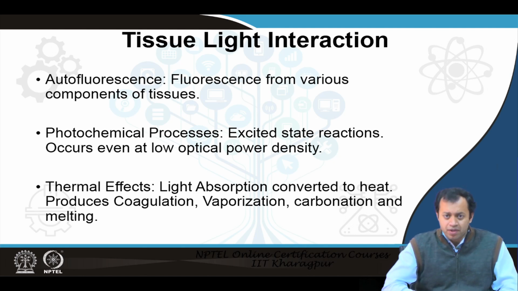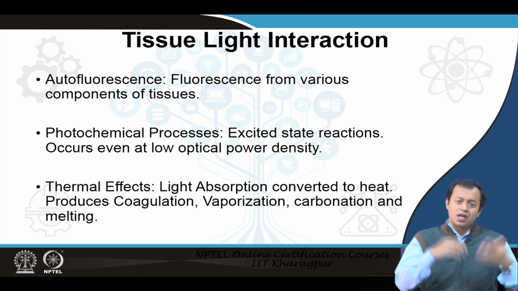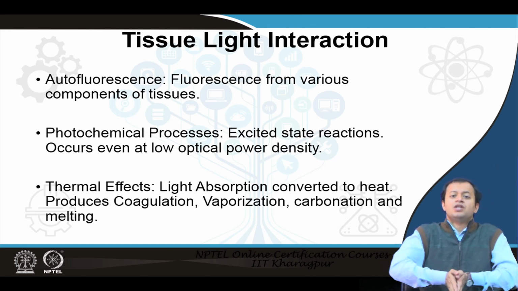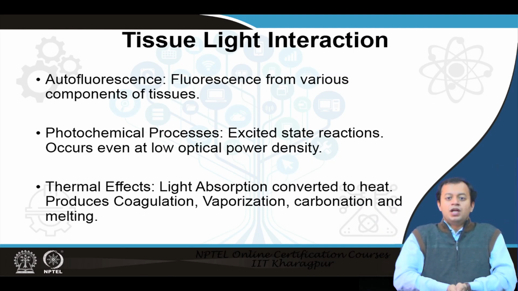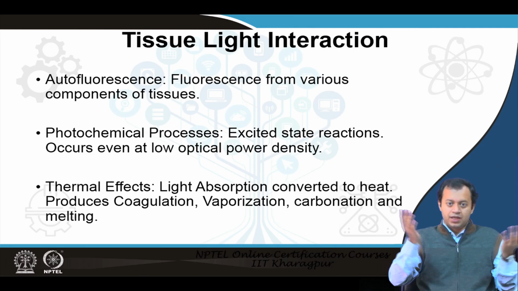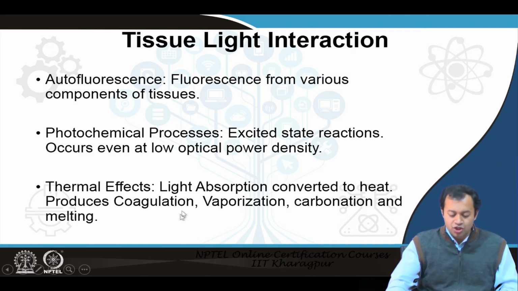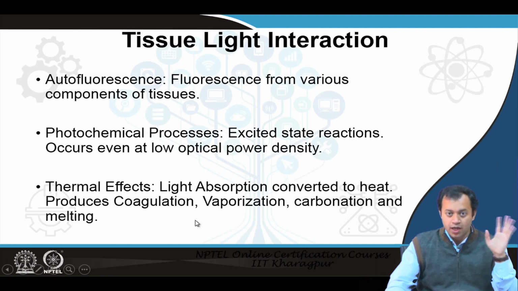Pressure will build up because water is converting into steam, steam is gas, gas will have pressure, and it will rupture the tissue. You will have breakdown and the tissue will undergo some kind of damage. So, vaporization is at 100 degrees Celsius, water converting into steam, easy.